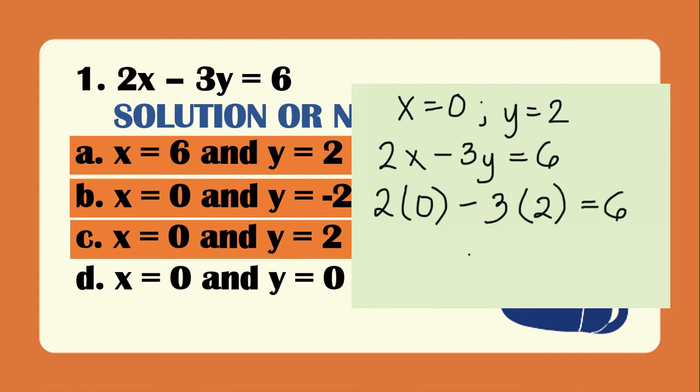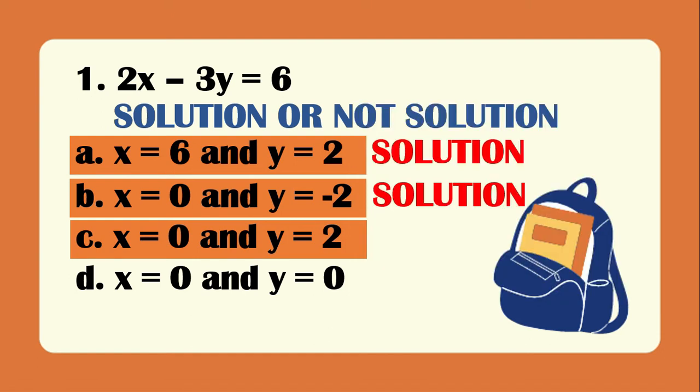Next, we will simplify. We have 2 times 0, that is 0, so we don't need to write it. Negative 3 times 2, that is negative 6 equals 6. Negative 6 is not equal to 6. So meaning the third one is not solution.